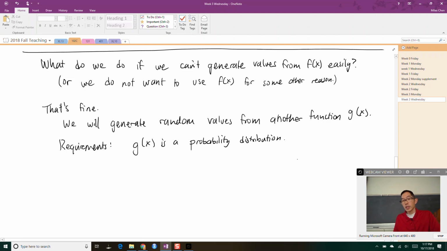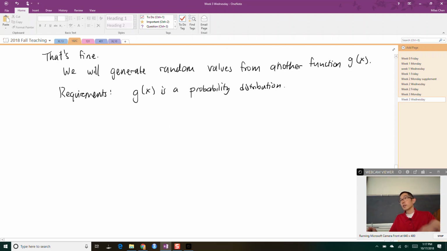And the support of f of x must be fully contained within the support of g of x. Or, the domain of f of x must be a subset, or fully contained.